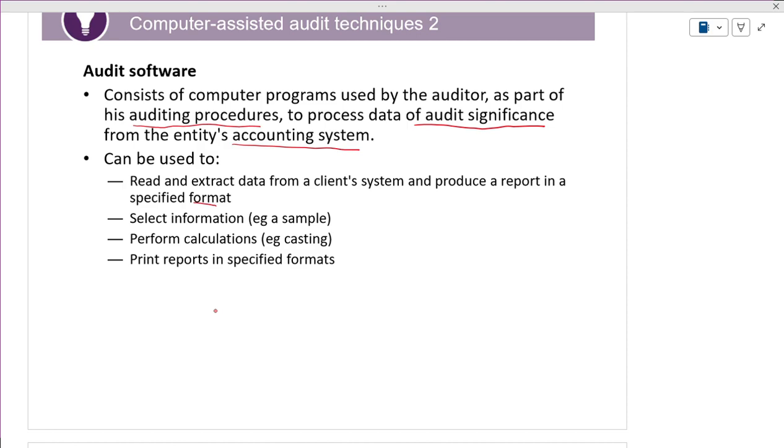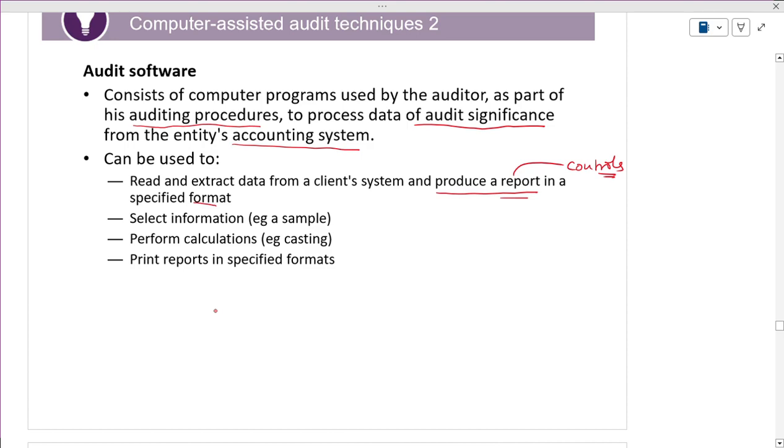Likewise, you read and extract data from the system, and based on that you produce a report. Now you will ask whether this is reliable or not. They have created a lot of controls on that.